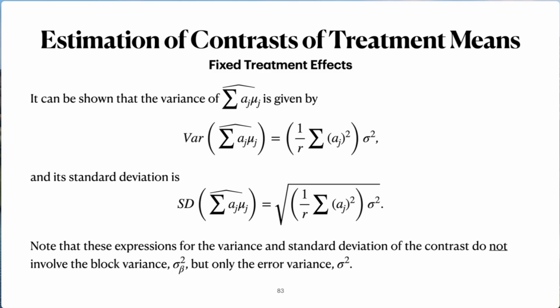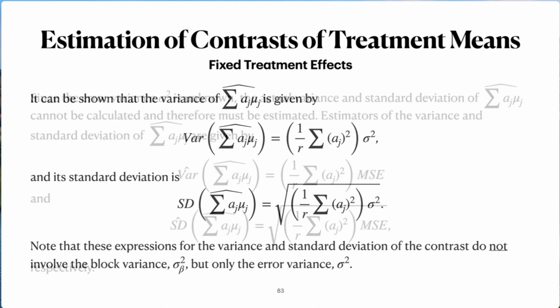Mathematically, we make those comparisons within each block, and the variability due to the block cancels out or gets subtracted out. Then we take those estimates from each block and average them. The end result is that the variability of our estimator does not depend on the block-to-block variability, sigma squared sub beta, but only on the variability of the model error term, sigma squared.